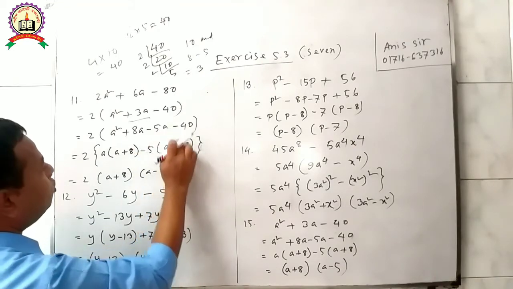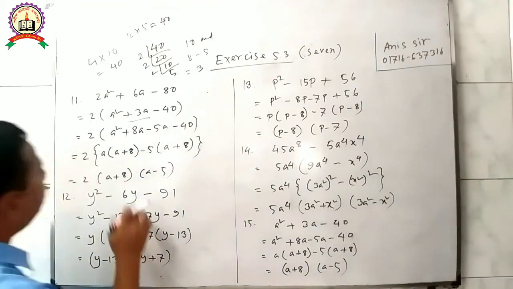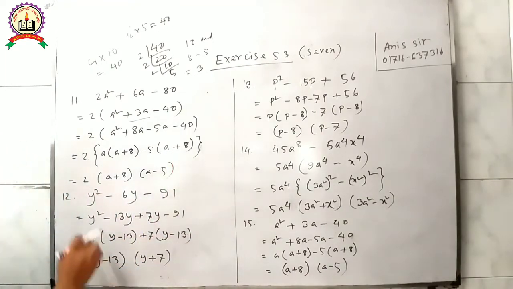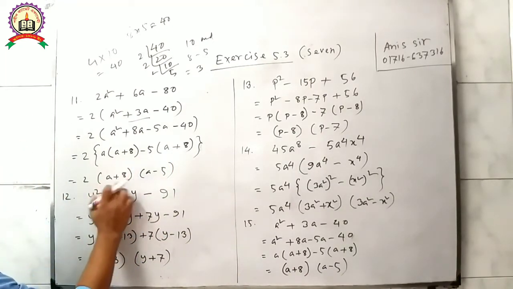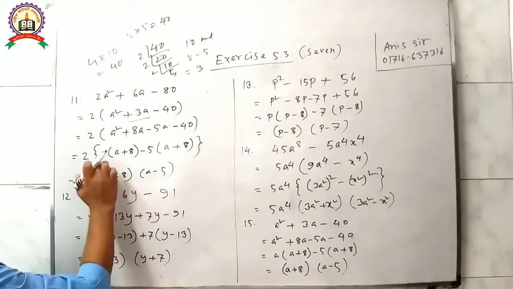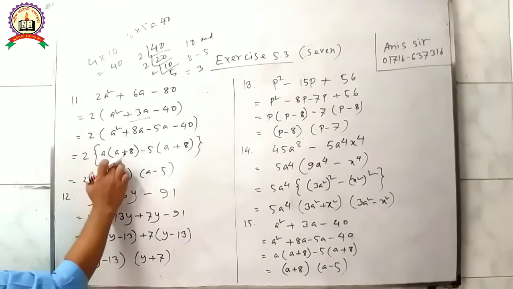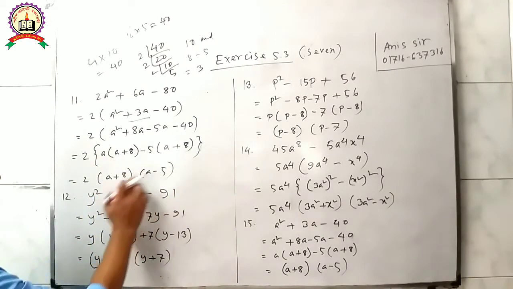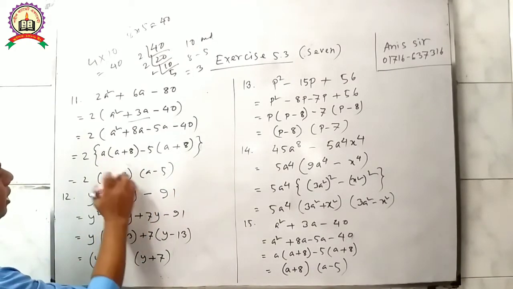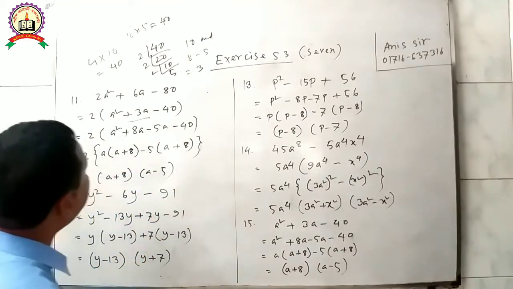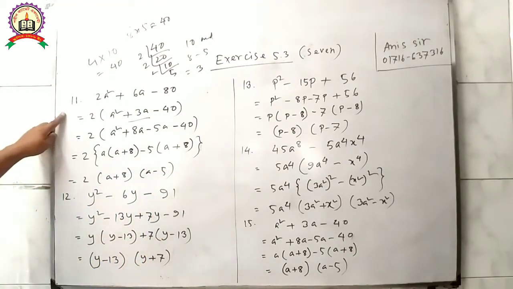Minus and minus will be plus 8. So a plus 8 is common. We take a plus 8 and then a minus 5, and this is the answer of question number 11.